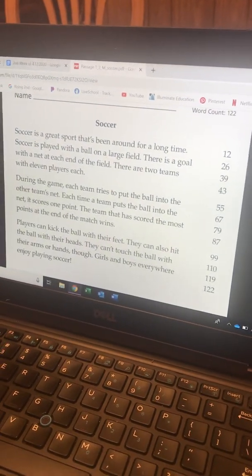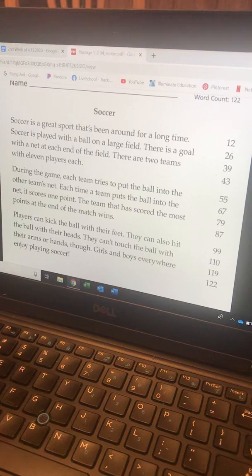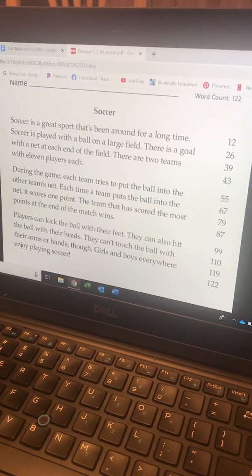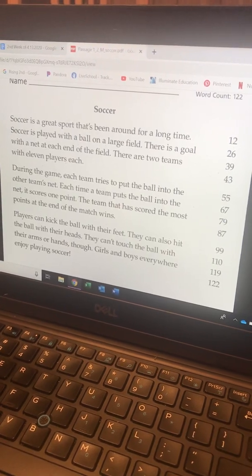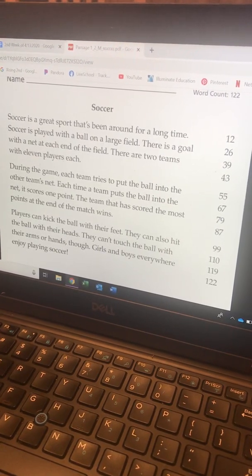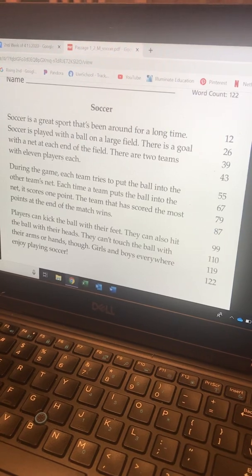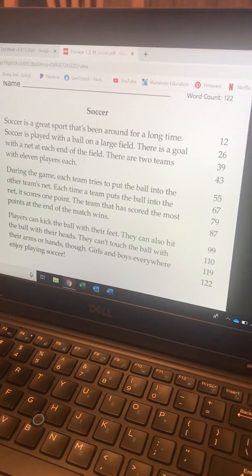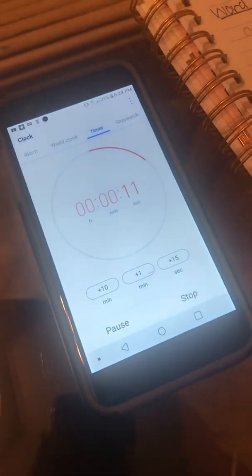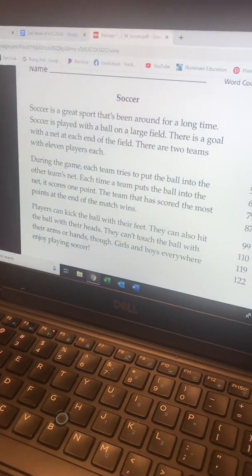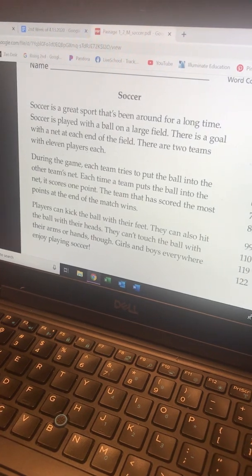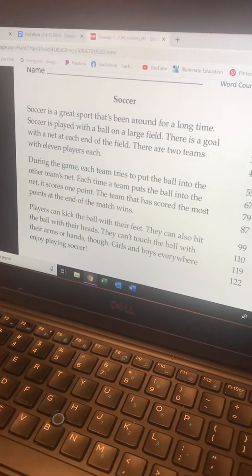During the game, each team tries to put the ball into the other team's net. Each time a team puts the ball into the net, it scores 1 place. The team that has scored the most place at the end of the match wins. Stop.